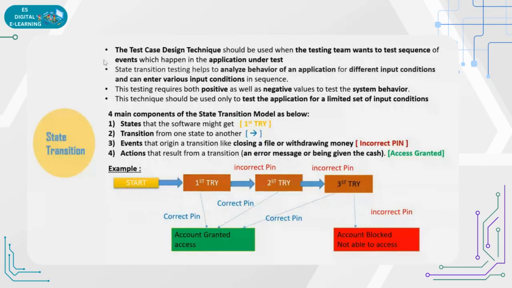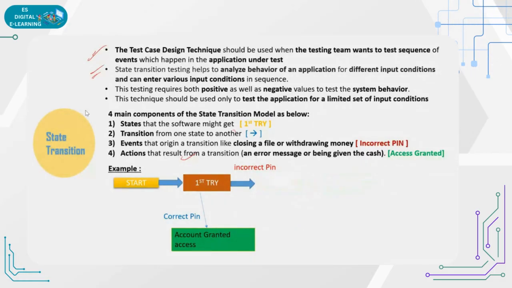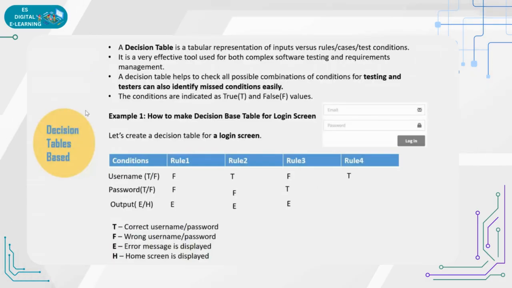Once the class is over, I will share this recording, then you can write it down. So the first point you need to give, and the second point: if they ask for an example, you can give this example. And coming to the table, you can give these first two points.